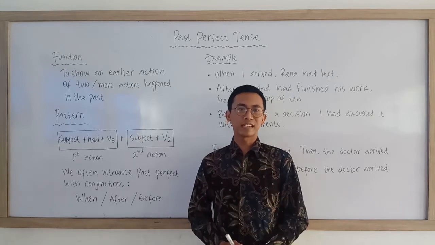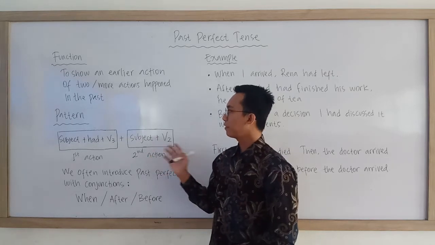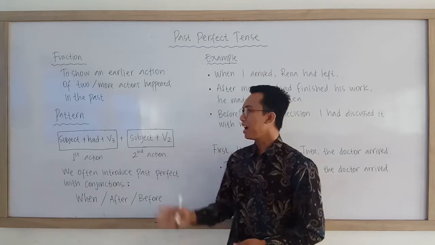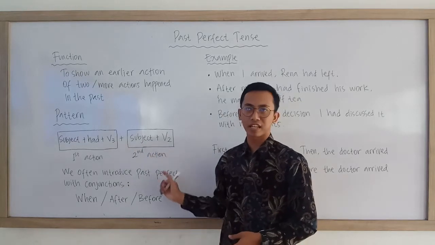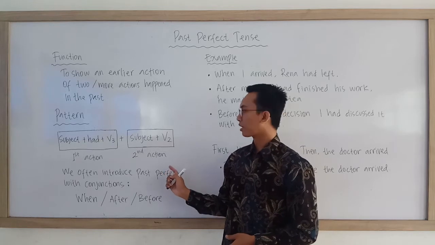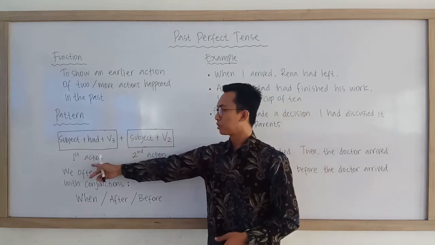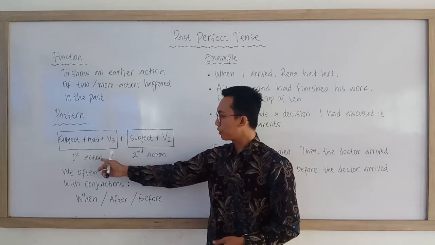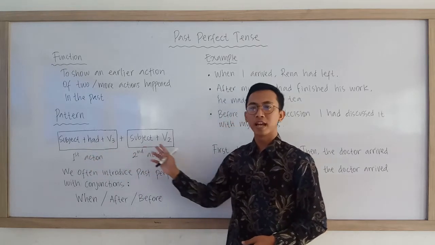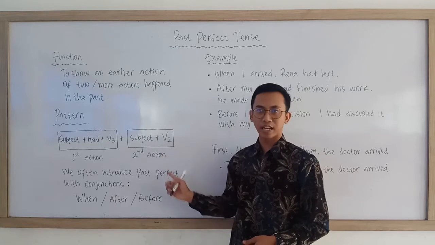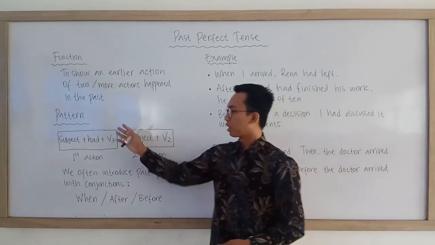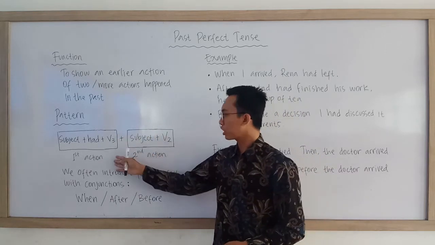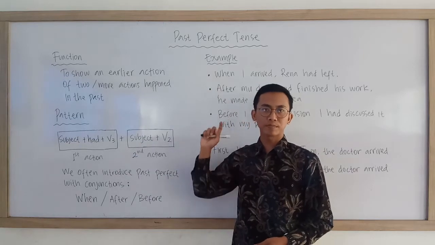To get more understanding, let's have a look at the pattern. I have provided two boxes here, consisting of two actions. The first box shows the first action and the second box shows the second action. As I told you, the first action must be in past perfect tense.